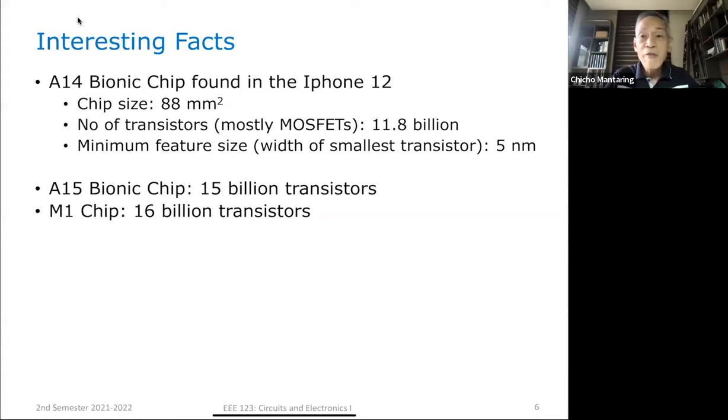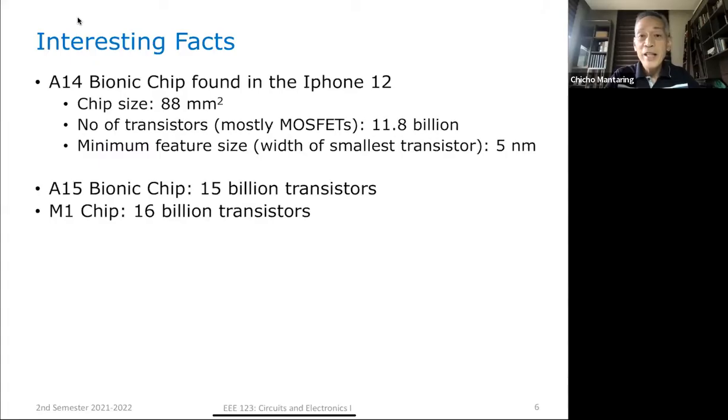For example, if you go inside the iPhone 12, the main processor of the iPhone 12, you call it the A14 Bionic chip. This was designed and is fabricated for Apple. And the size of that chip is 88 square millimeters.